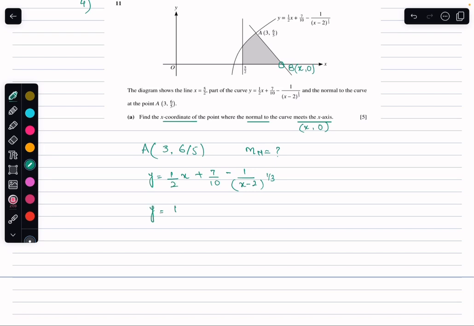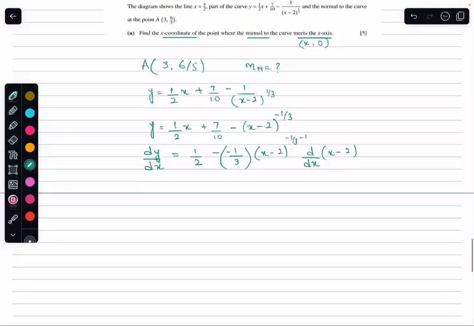To differentiate, I can say y equals 1/2 x plus 7/10, and here again I'm taking the denominator to the numerator, so minus (x minus 2) to the power negative 1/3. Then dy/dx is equal to 1/2, the differential of 1/2 x, plus 7/10, the constant, gets eliminated, and then minus, times negative 1/3, (x minus 2) to the power negative 1/3 minus 1, and then I should be differentiating x minus 2 here. It's the chain rule that I'm following.